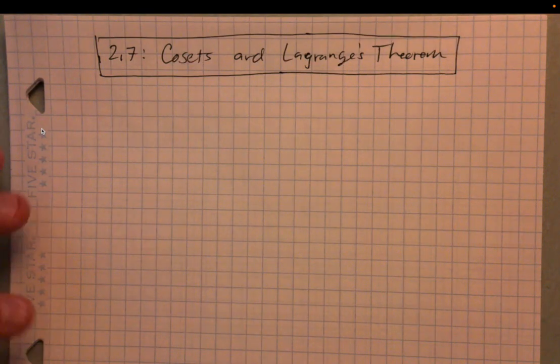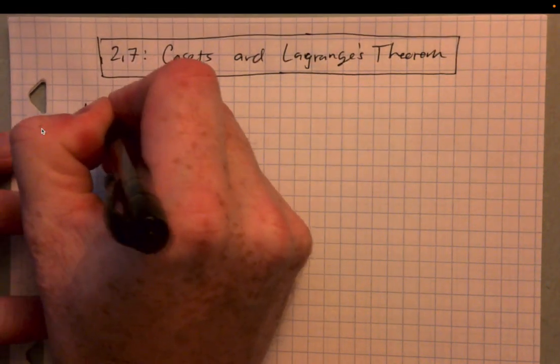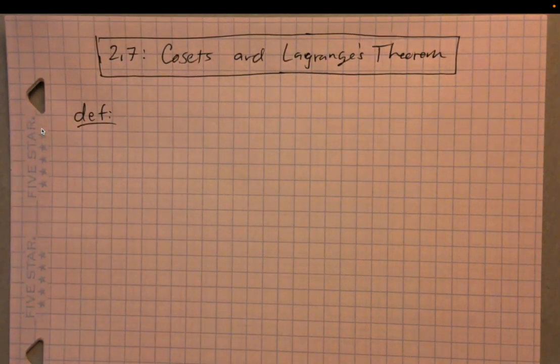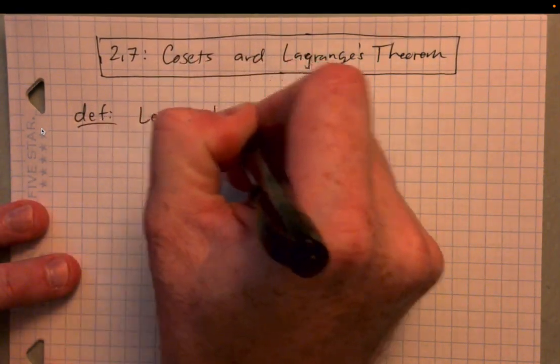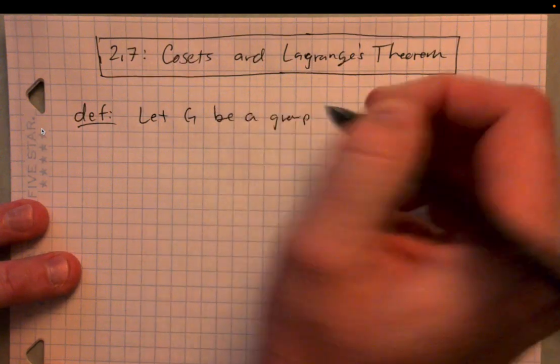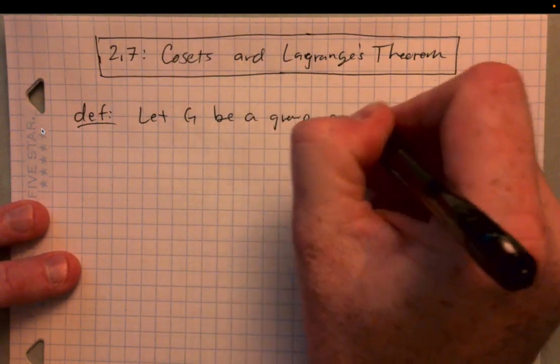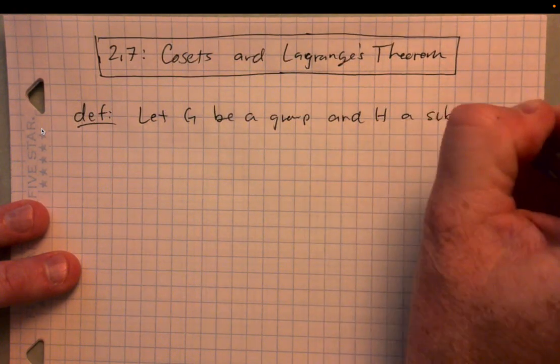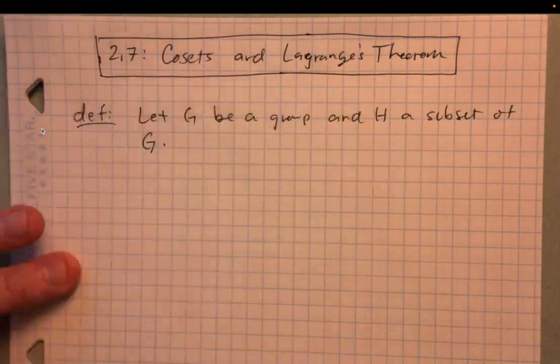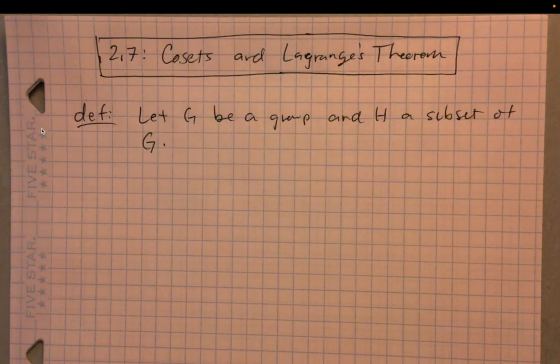We're going to start with a definition of a coset. Let G be a group, and H a subset of G. So we've got a group G and H is some subset of the group.